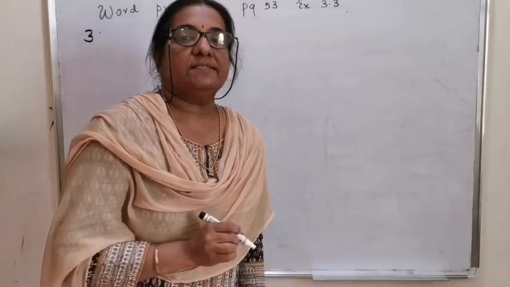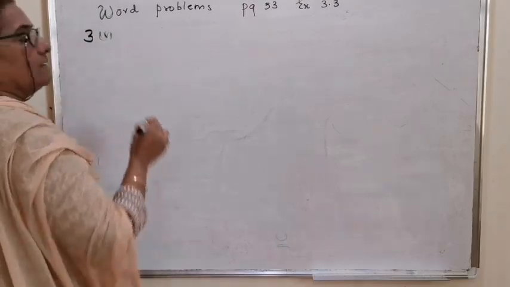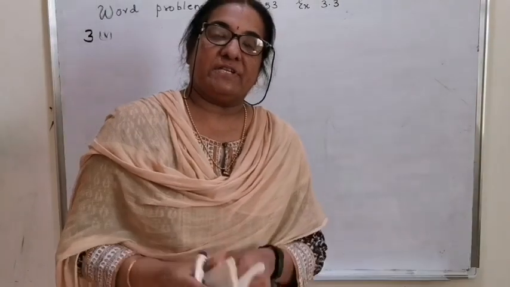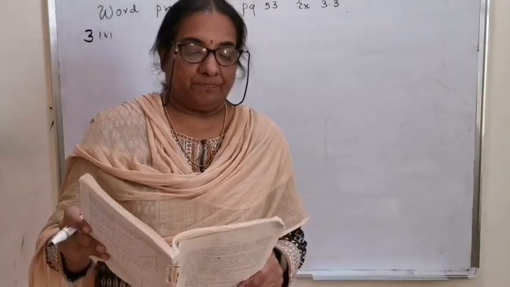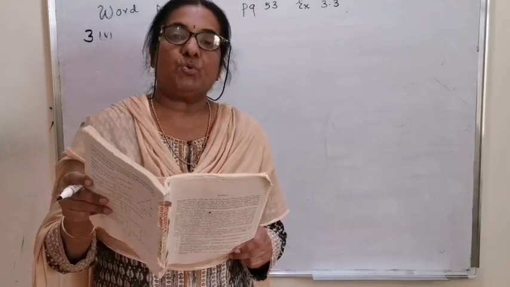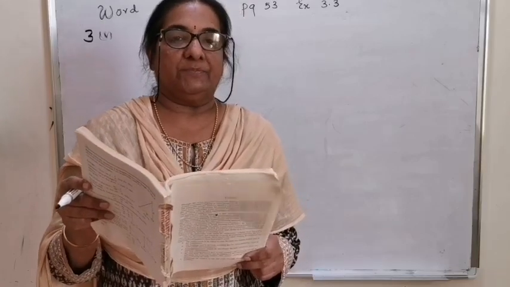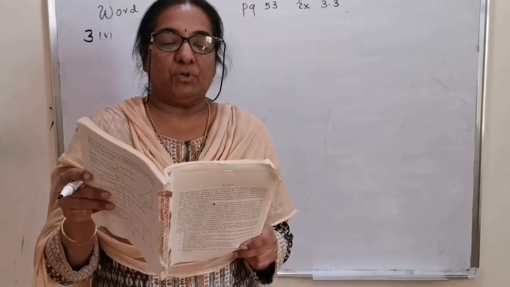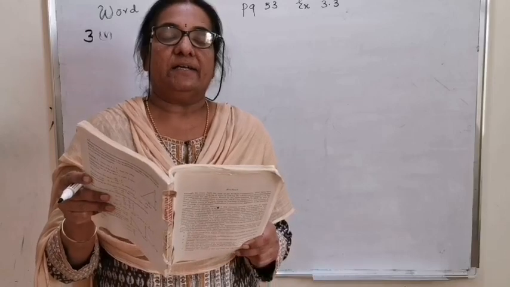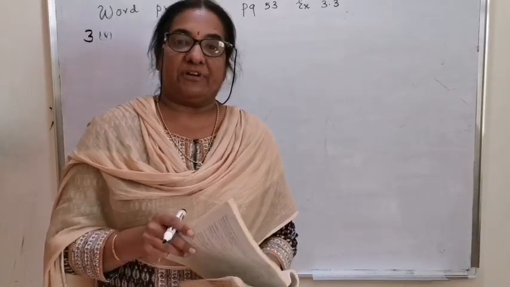Question 3, subdivision 5. Another pattern of question based on fraction. A fraction becomes 9 by 11 if 2 is added to both numerator and denominator. If 3 is added to both numerator and denominator, it becomes 5 by 6. Find the fraction.